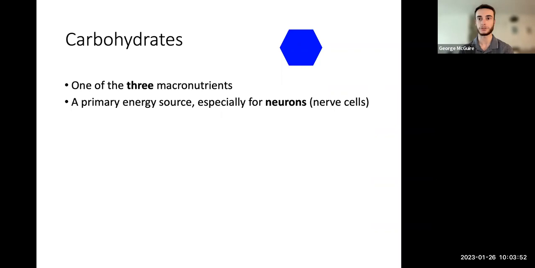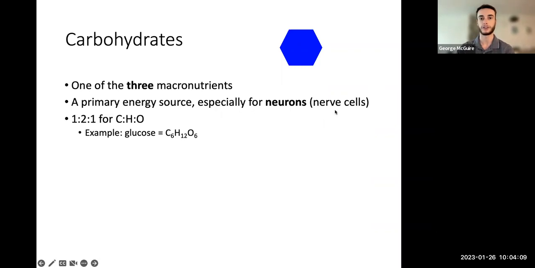This is especially true for neurons and muscle cells that are doing a lot of activity. They use a lot of carbohydrate instead of lipids, which are our resting energy source when we're not as active. Lipids have a higher calorie per gram output, and so that is our go-to when we are resting. But carbohydrates are for active energy.